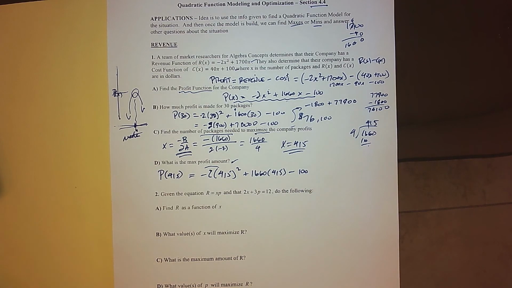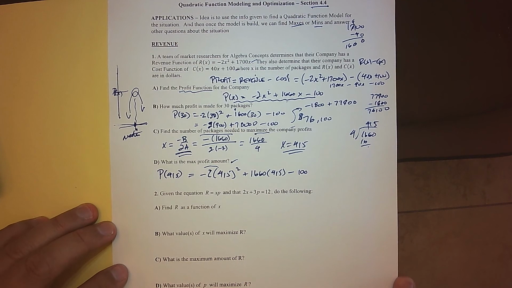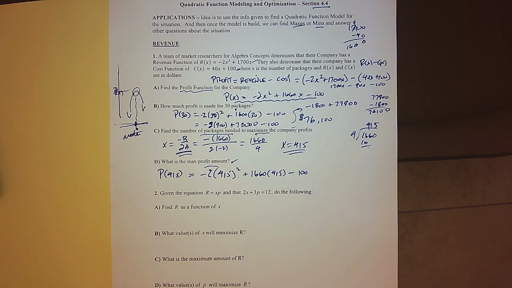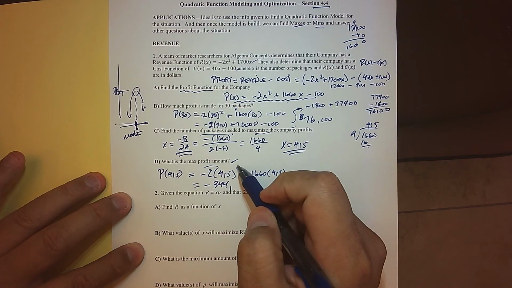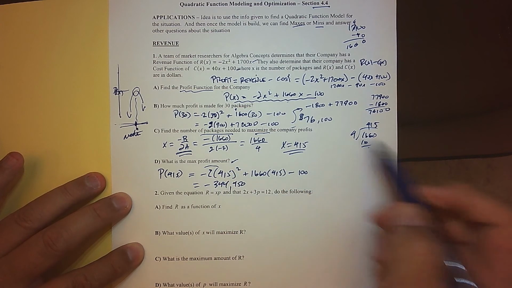Okay, so unfortunately my TI calculator is giving me some problems. I'm wondering if there's something electronically wrong, but I'm just using my calculator on my computer. If I take 415 and I square it and then multiply it by -2, I end up with a negative 344,450.